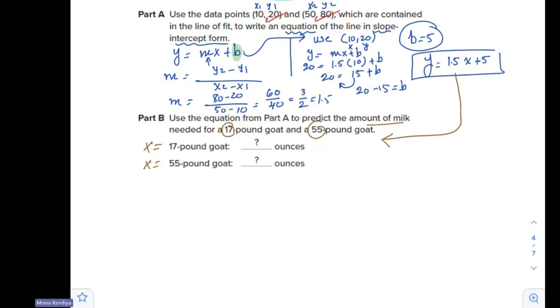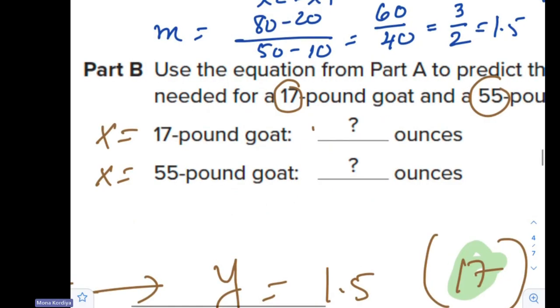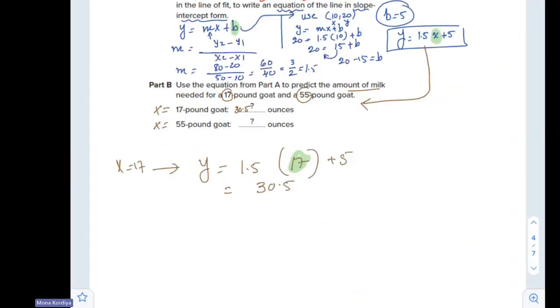So for X equals 17, Y equals 1.5 times 17 plus 5. Use the calculator: 1.5 times 17 plus 5 is 30.5. So here we will write 30.5 ounces.